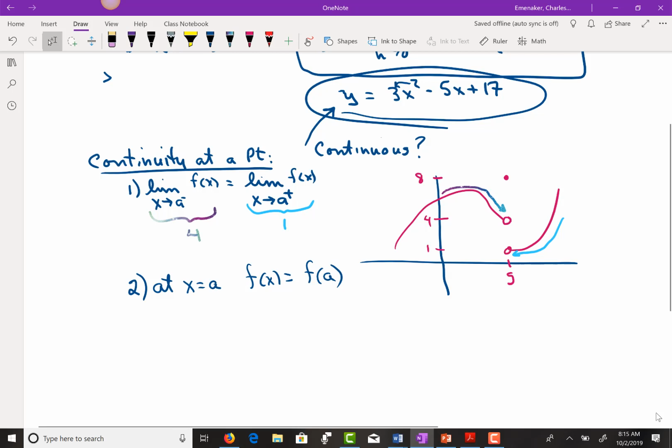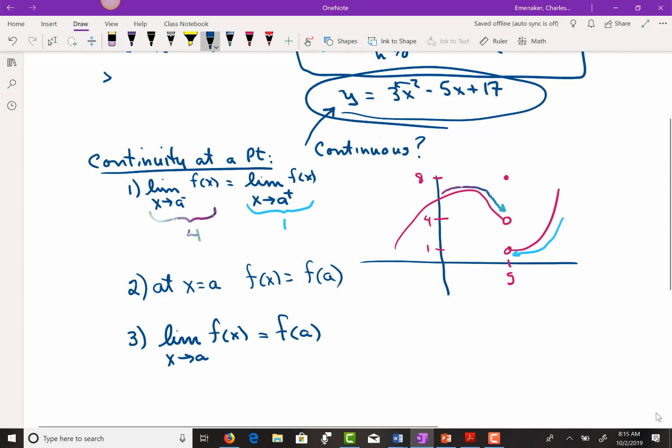The third thing that has to work is the limit as x approaches a. Remember now, this limit means from the left and the right at the same time, doesn't it? Equals f of a. Which means that if I'm coming in from the left, it looks like I'm headed to a specific y value.